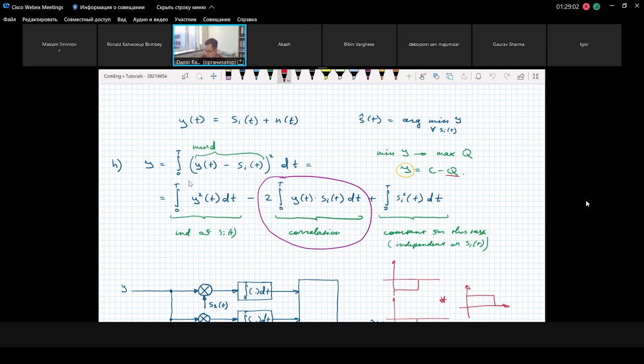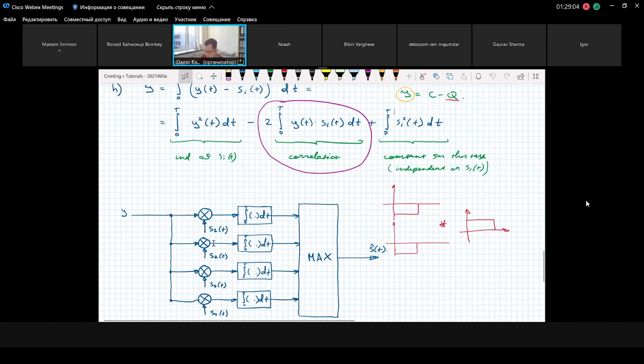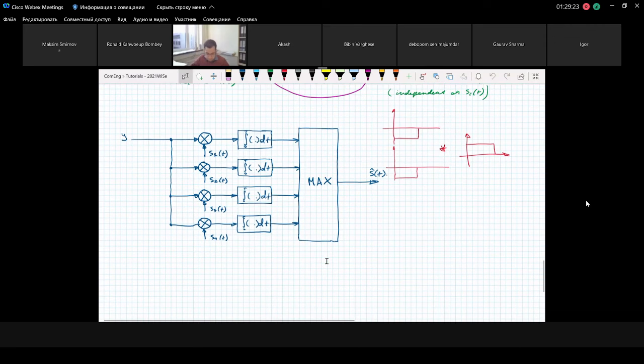We just replaced the original problem by finding maximum possible correlation. For this reason, we replaced the minimum of the cost function by the maximum of the correlator. Yeah, it was the idea.